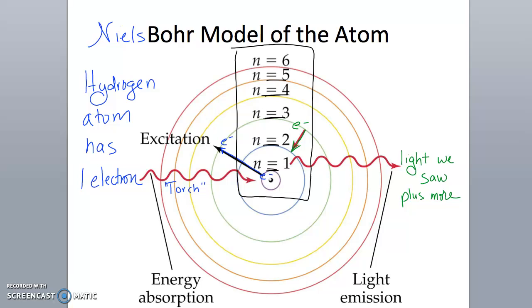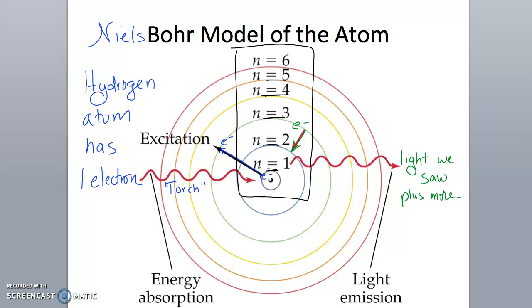You can imagine trying to study a multi-electron element would be much more difficult. What he concluded is that we can add energy to an atom, and the electron can be excited to a higher energy level.